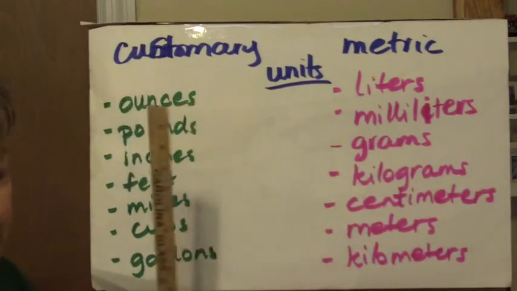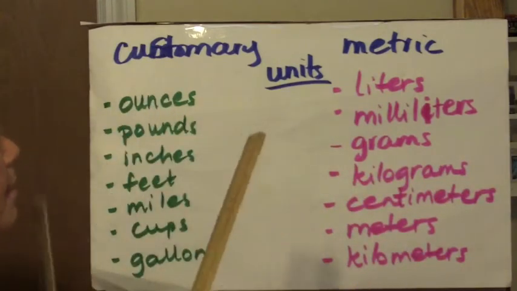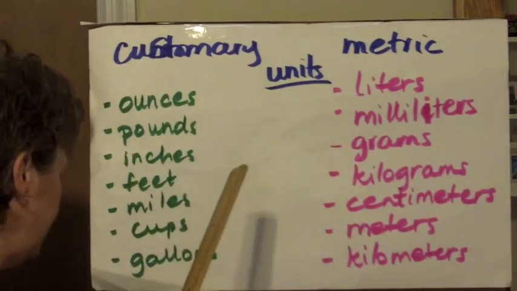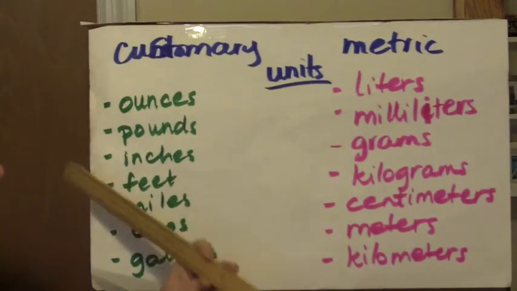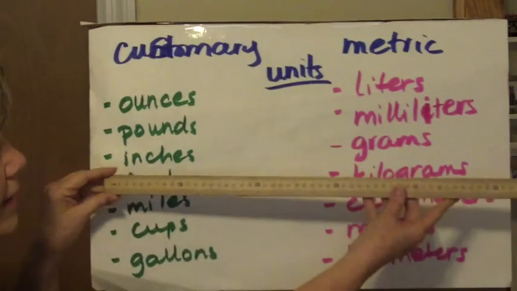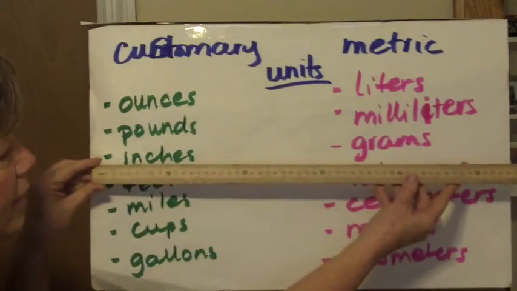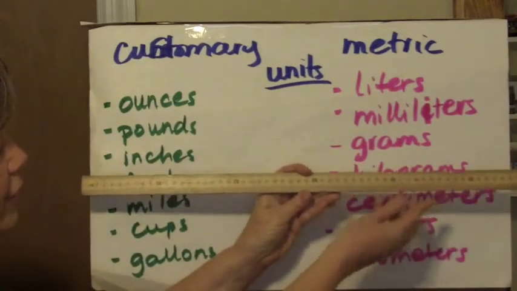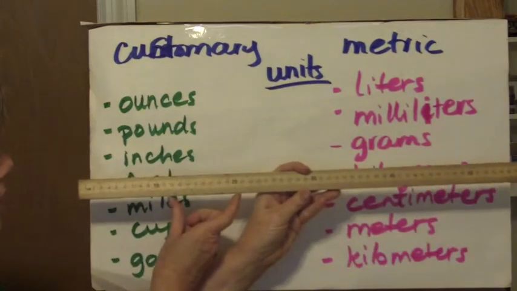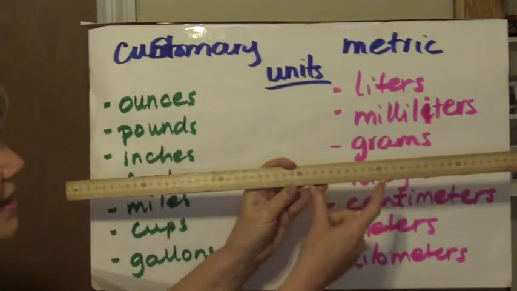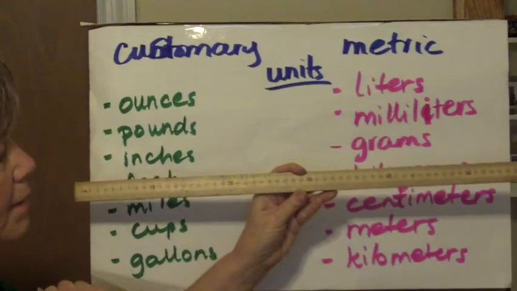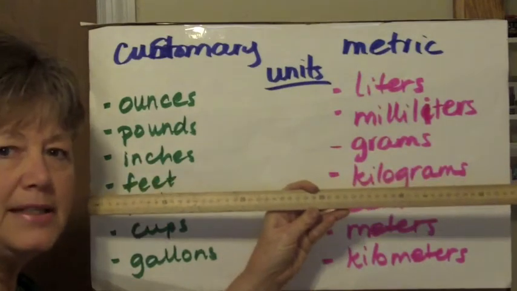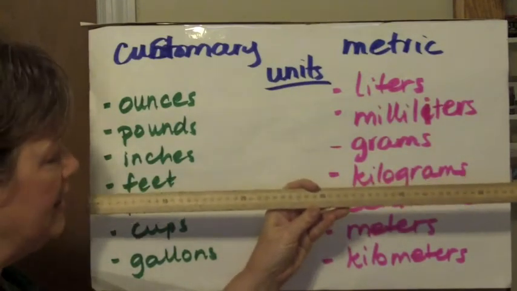And then here is the meter stick. It is a little bit longer, but what I'd like for you to see is that it's broken into groups of 10 because the metric system is based on groups of 10.